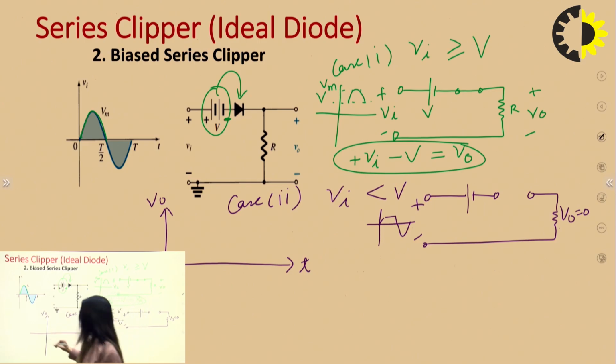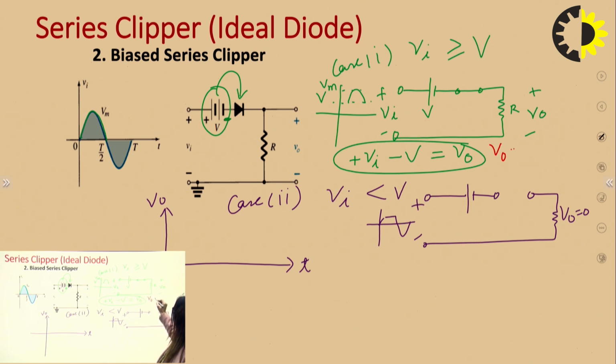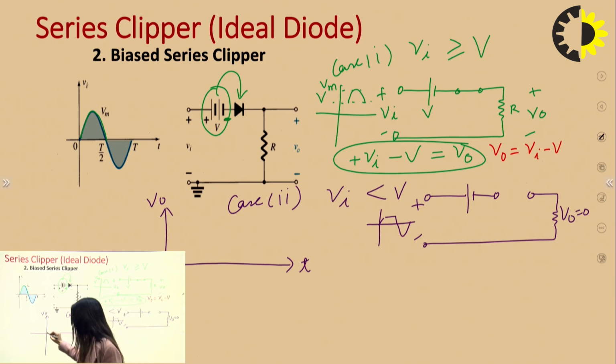That means the output here we can see VO is equal to Vi minus V. So let us draw the replica of this particular input waveform, and for this particular part, this will go here.